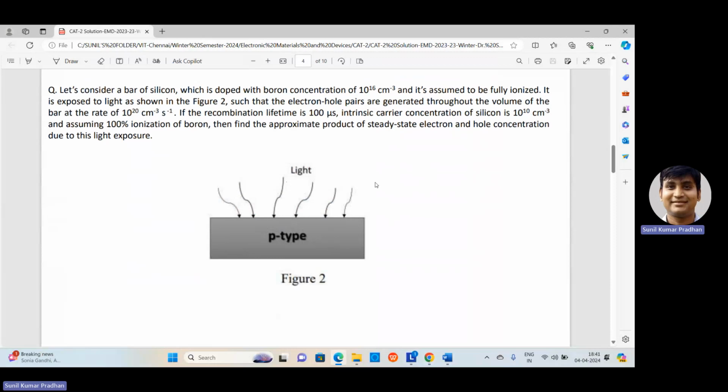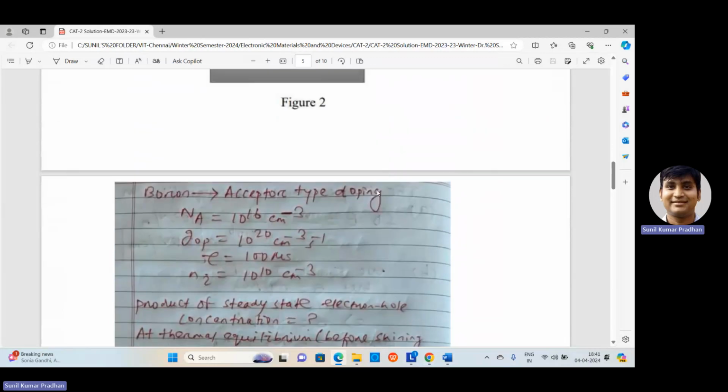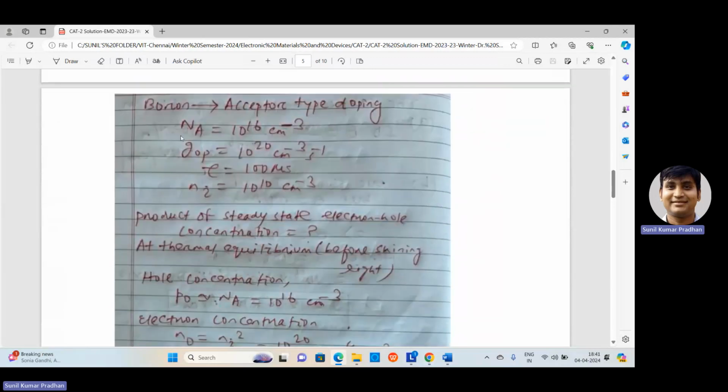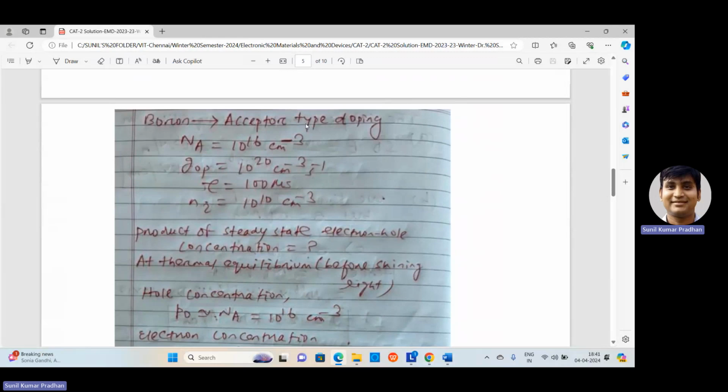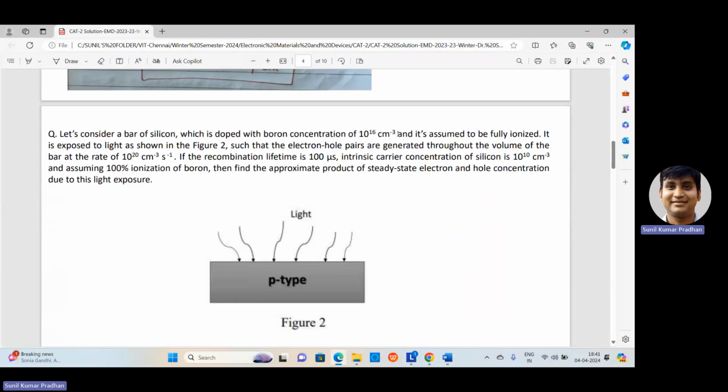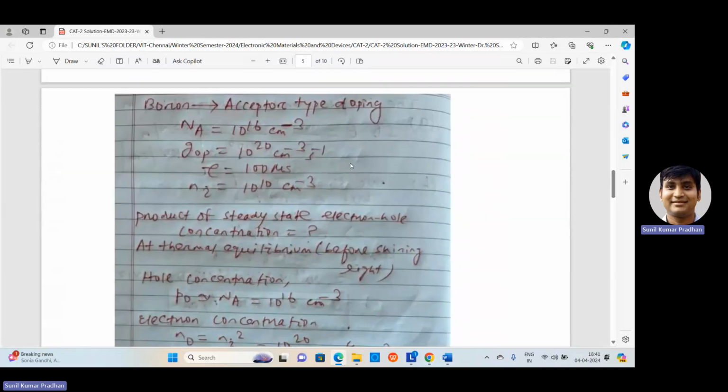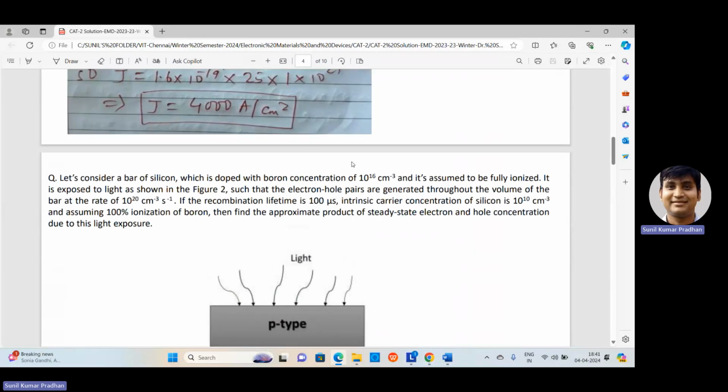So let's see how we can find the solution. You see, boron is the acceptor type doping, as I said. And the acceptor concentration is already given as 10 to the power 16 per centimeter cube. Okay. Now, it is mentioned that with irradiation by light, electron hole pairs are generated throughout the volume, but at what rate? 10 to the power 20 per centimeter cube second inverse.